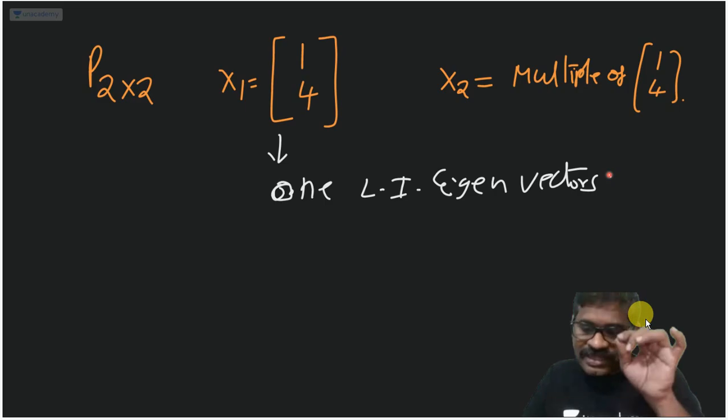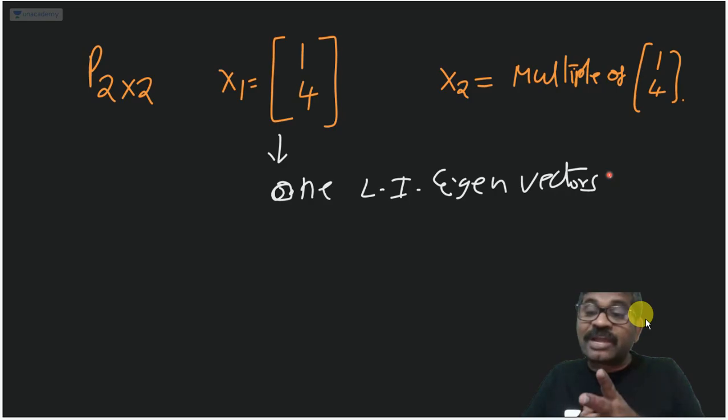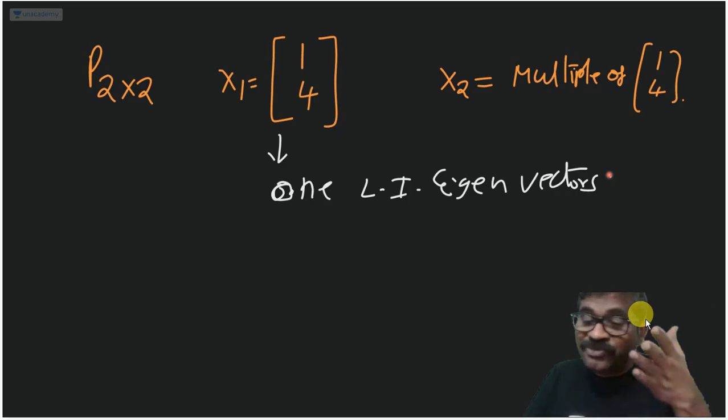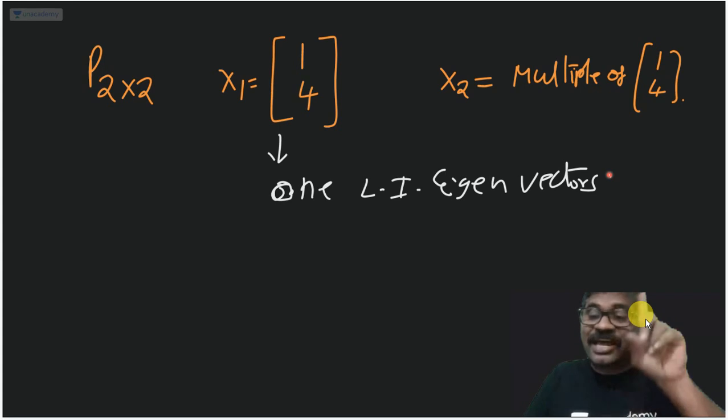By this, you can understand that your eigenvalues are not distinct. If you have distinct eigenvalues, you will have two distinct eigenvectors. But there is only one independent eigenvector. It means that the eigenvalues are repeated.